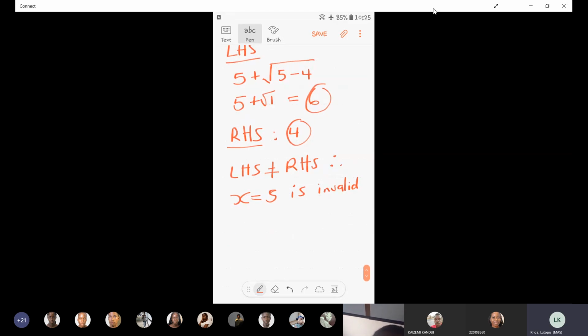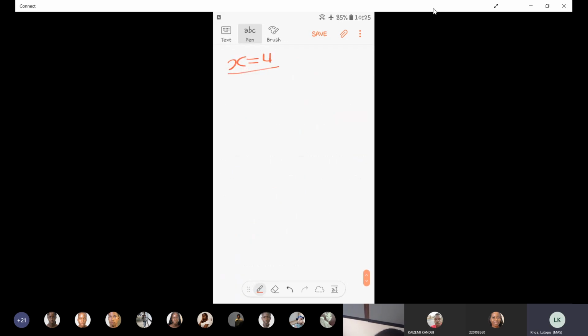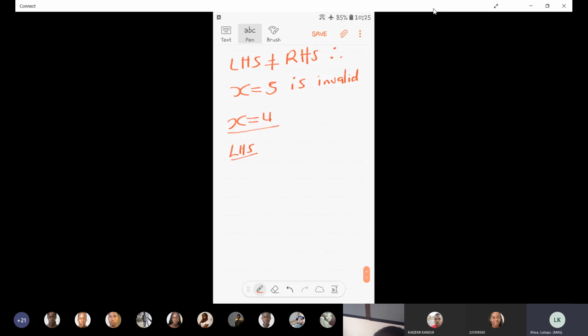And then I do the same thing with x is equal to 4. I need to check whether or not it is a solution. So on the left hand side, when I substitute it, the left hand side has x, which is 4, plus the square root of x minus 4. So this is just 4 plus the square root of 0. This is equal to 4.